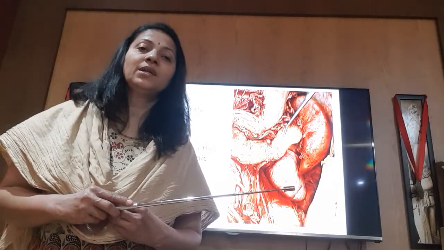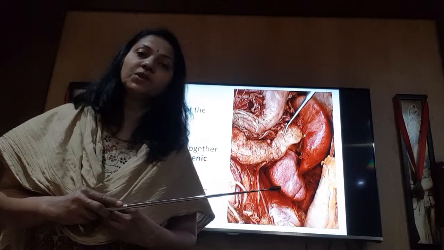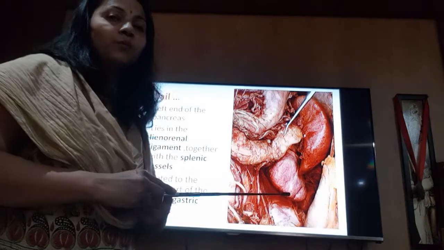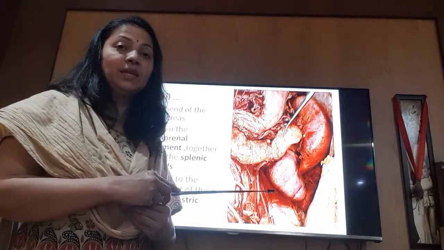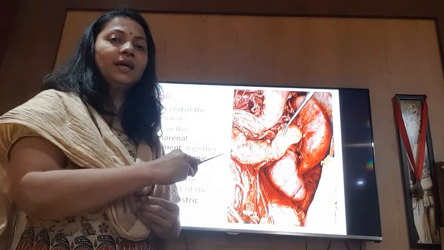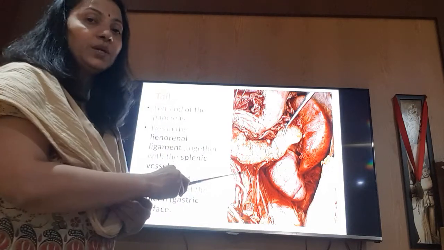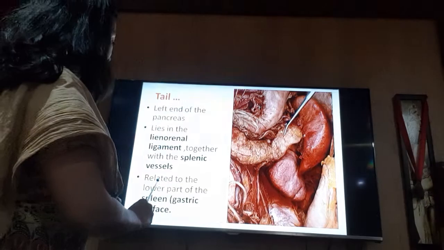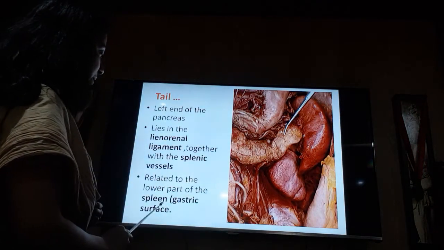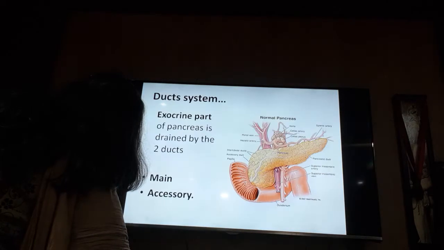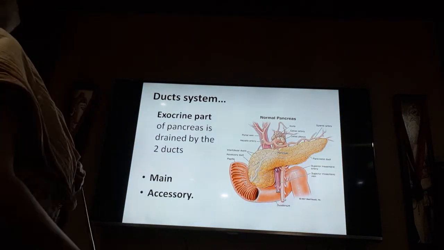It has got an impression, the hilum of spleen has got impression for the tail of pancreas. That is why both the vessels, splenic vessels as well as the tail of pancreas is lying in the lienorenal ligament. Then it is related to the lower part of the spleen. Okay, and lower part of the spleen is called gastric impression.